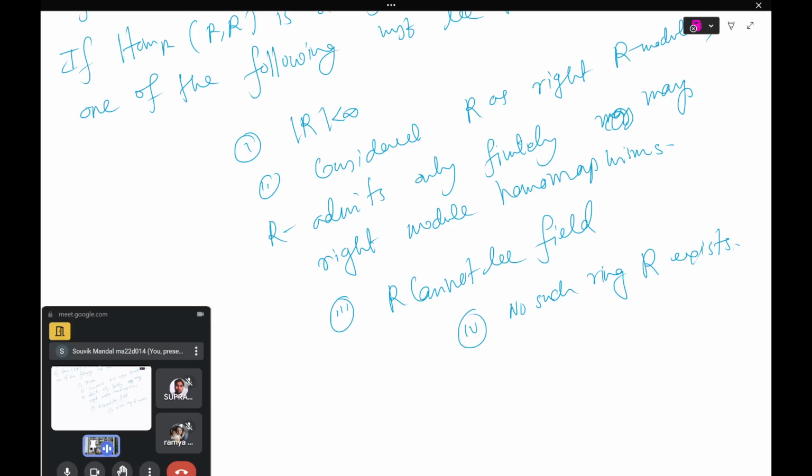Tell me one thing. Given any random ring R, how can you get at least one non-trivial module homomorphism? When you consider any ring R as a left R module, how can you give one non-trivial module homomorphism for any arbitrary ring R?